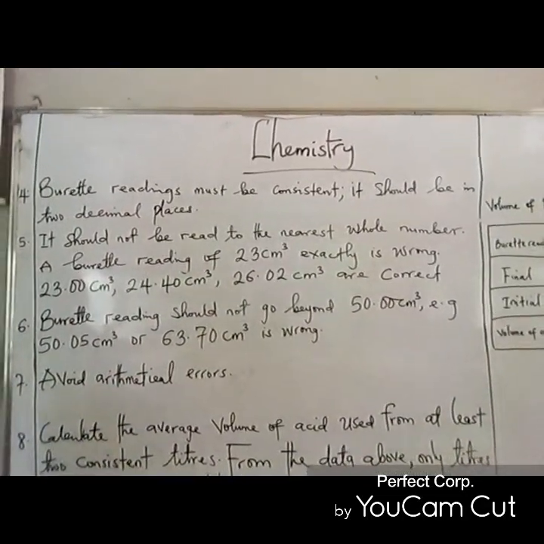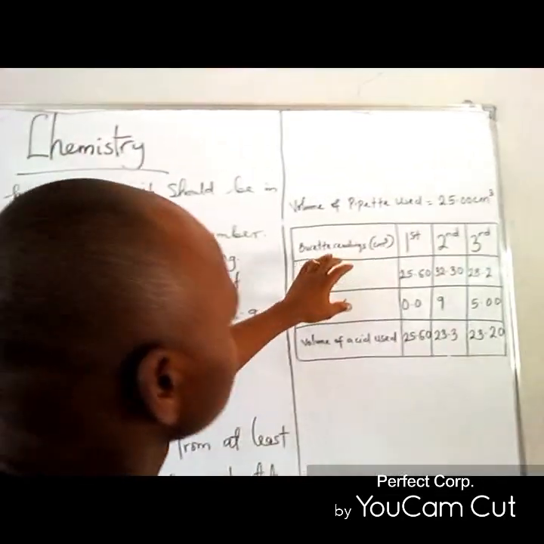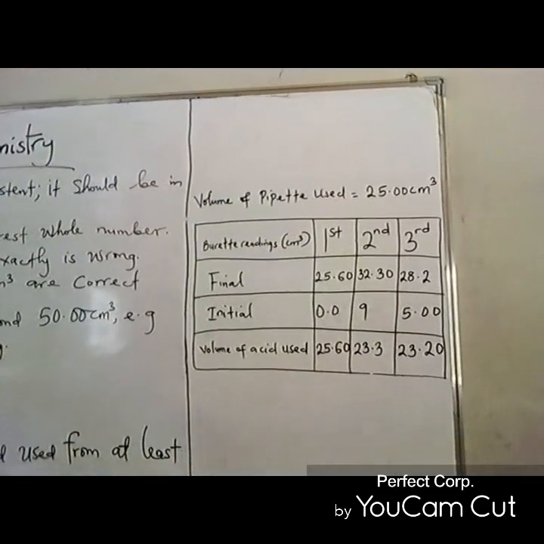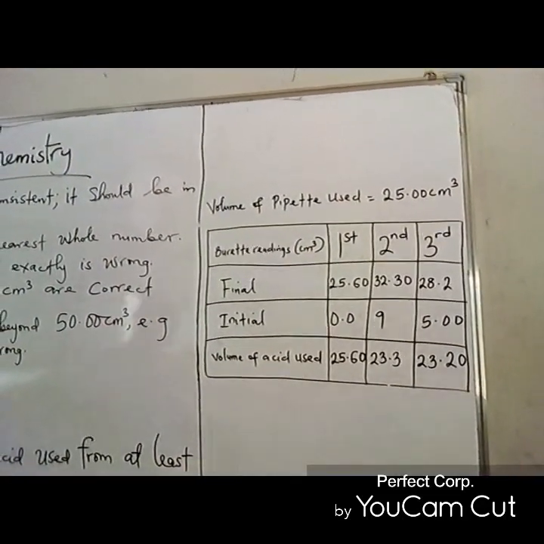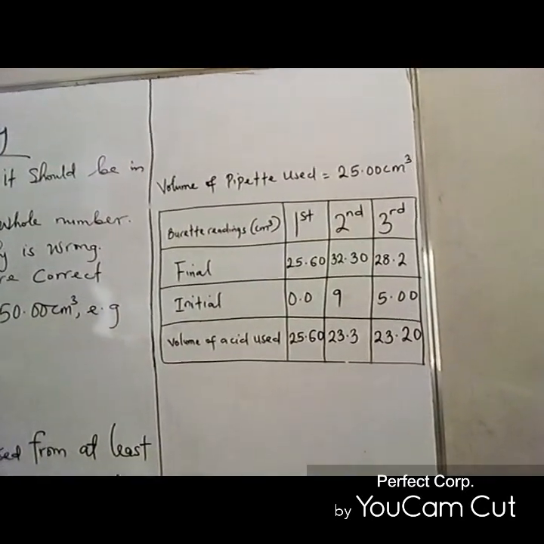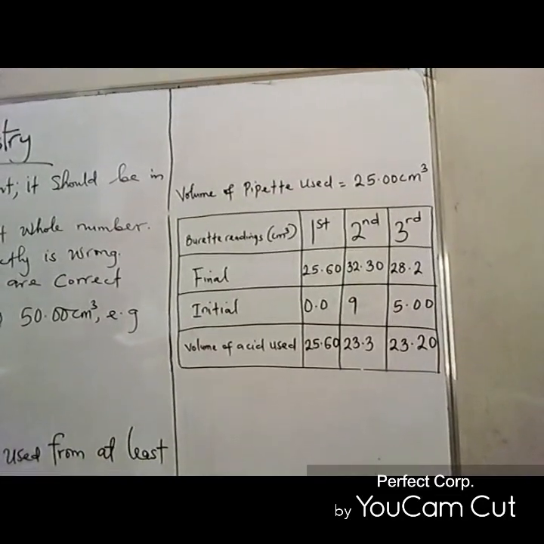Now what does this mean? Please look at this table. Let's come back to this table. Now, if you look at this table very well, do you think the titre values in this table are consistent? Now let's check.